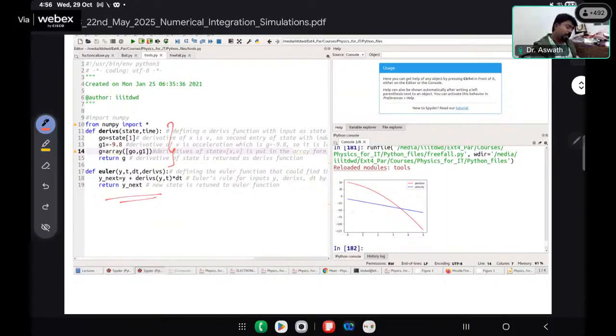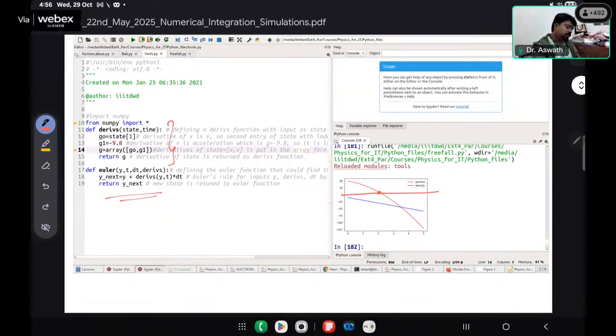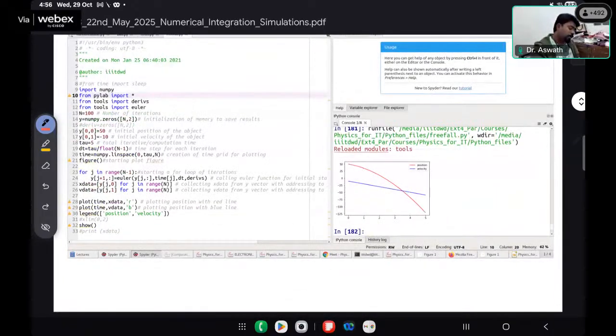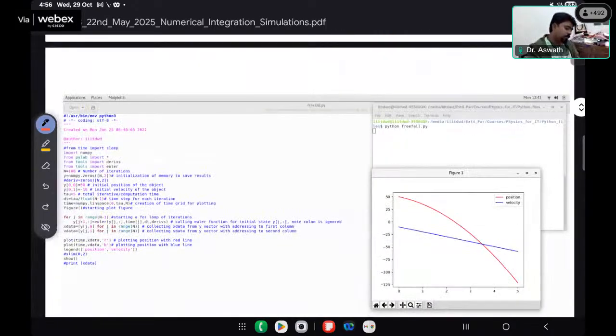And here I have not imposed the condition where after hitting the surface of the object, it goes within the surface. You can avoid that by putting a condition where the moment the particle hits the surface, it stops.